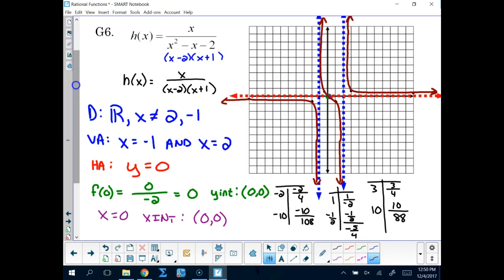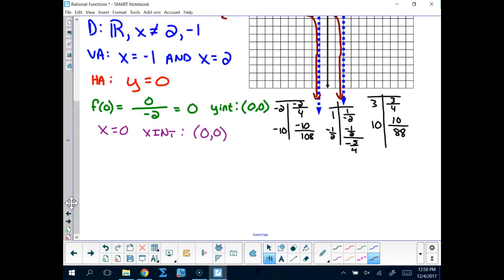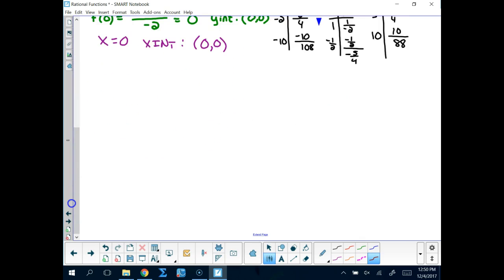Alright, so just for you, Stitch, as x goes to negative infinity, what is h of x going to? 0 from above?